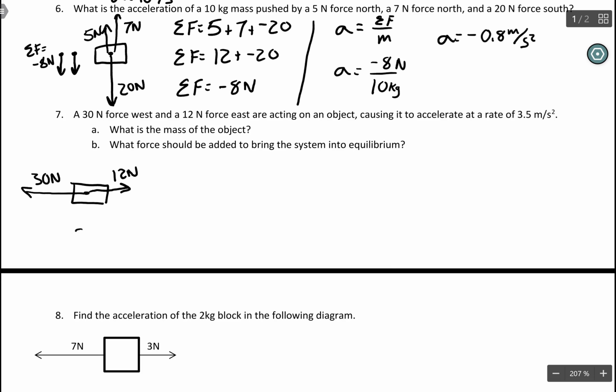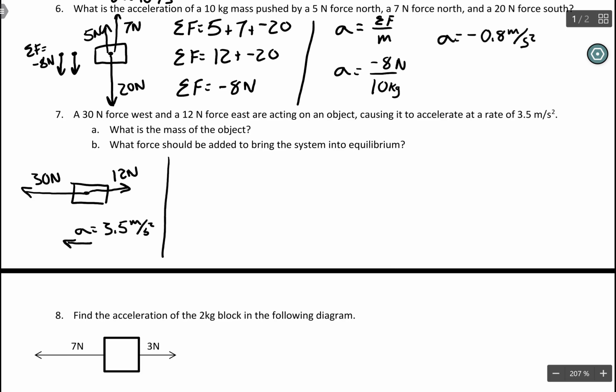And it's accelerating. We could even write in, it's accelerating at 3.5. Oh, actually, what direction do you think it's going to accelerate? We could do a calculation, but looking at our free body diagram, it's got to be accelerating to the left at 3.5 meters per second squared. Okay. Now, it's asking for the mass of the object. We want to try to use Newton's second law, but first we have to know what the net force is.